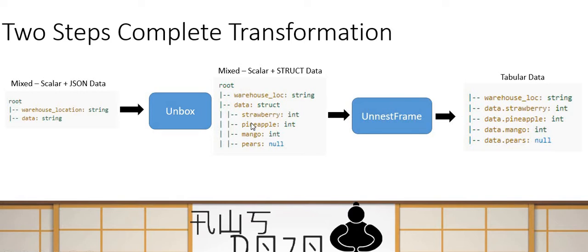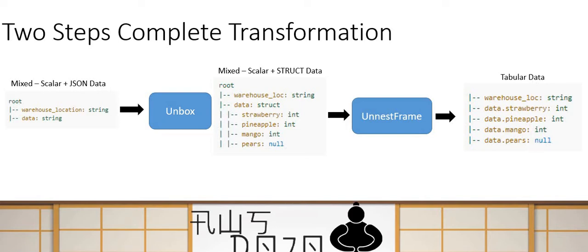But if you want to convert that into a proper tabular format, then you apply another transformation, Unnest Frame, on this struct data. So generally you apply this two-step process to convert JSON data into a tabular format.